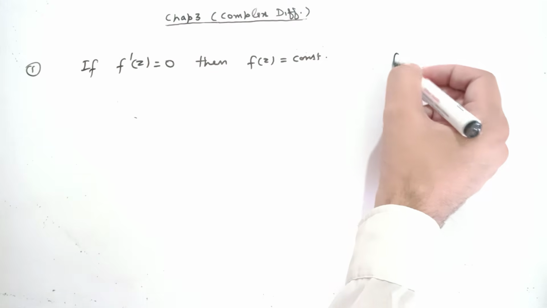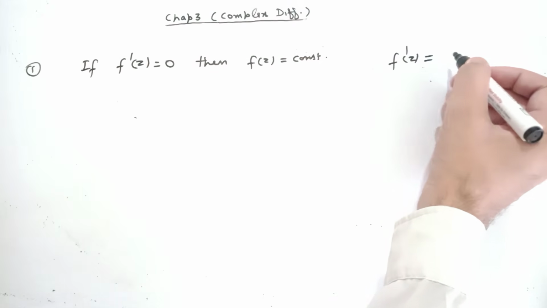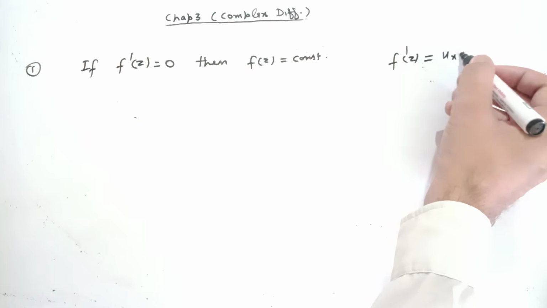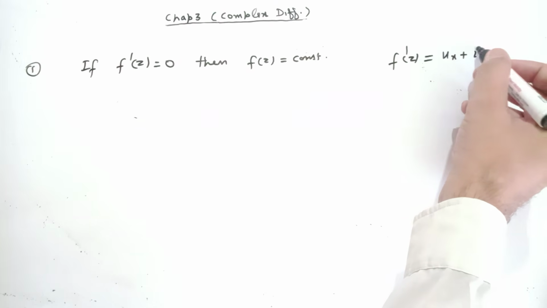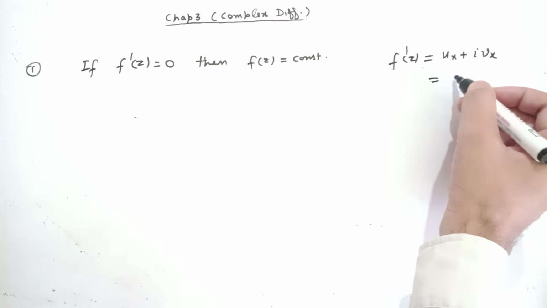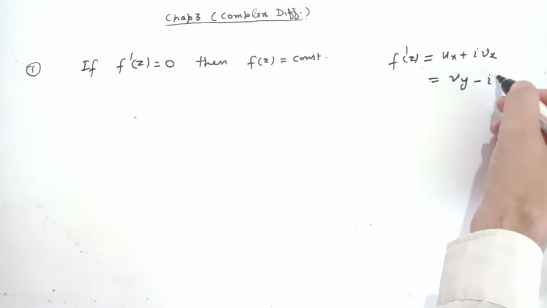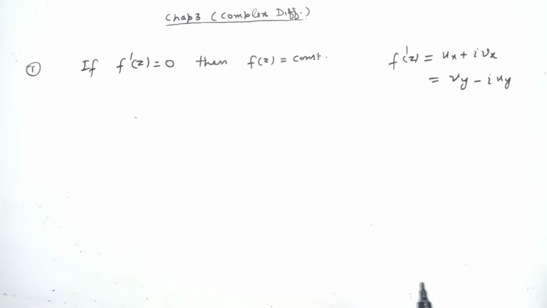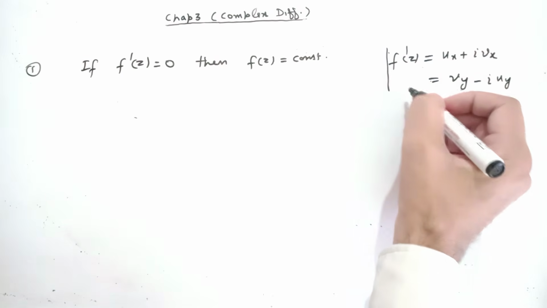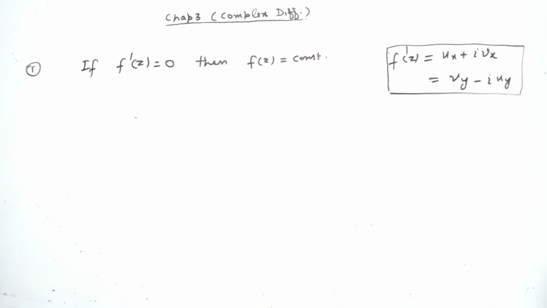One more thing you should note down: when you derive the necessary condition for the CR equations, you will get the result f prime z equal to ux plus iota vx. And from the CR equations, you can write it as vy minus iota uy. This is important, you can note it down.